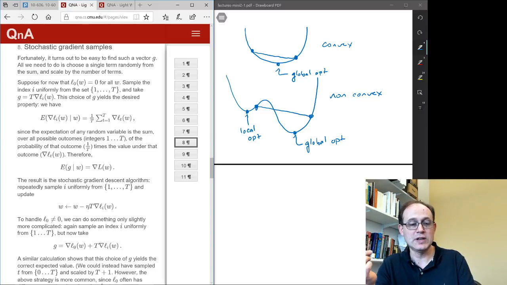So to see how that works, let's take a problem where L0 is 0, so that we're just optimizing the sum from i equals 1 to T of Li of w. And so what we're going to do is choose an index i uniformly at random from the set 1 to capital T, and take our gradient estimate g to be T times the gradient of the ith term in our loss function.